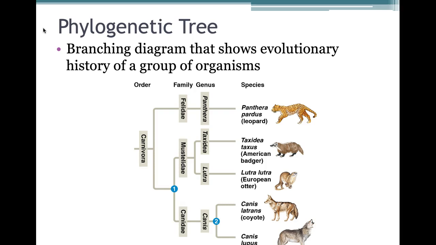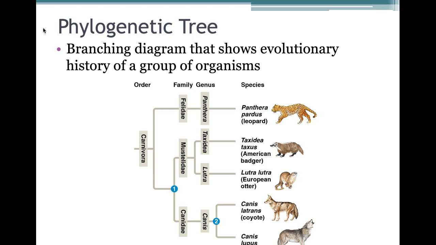The number one, like turquoise circle, that's going to be a branching point. So that's going to be a spot in which it's thought that weasels and the dog family had a common ancestor. And then if we see towards the bottom, when we're looking at two different types of canines or genus, the Canis latrans versus the Canis lupus, which is the coyote versus the gray wolf, they have a branching point too.